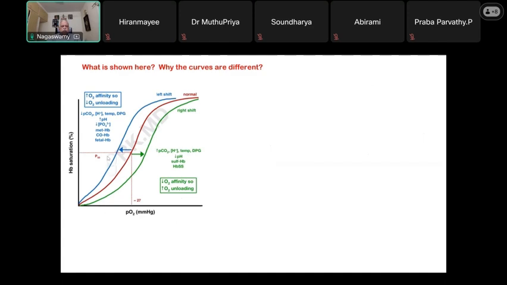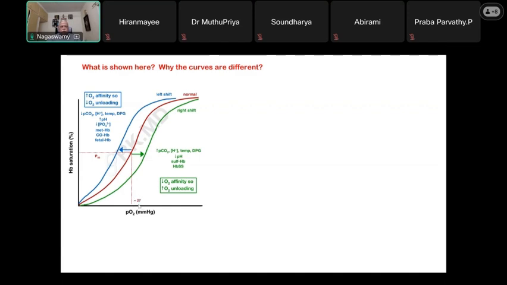And this P50, this is another question that examiners commonly ask: what is this P50, and what is its importance? It is the partial pressure of oxygen at which hemoglobin is 50% saturated. This is the value that they may ask you: 27 millimeters of mercury.